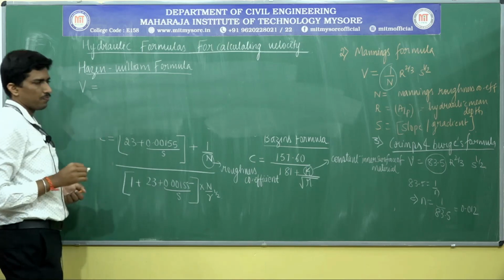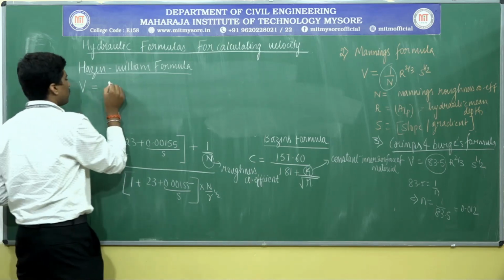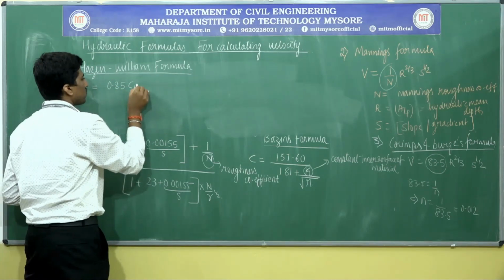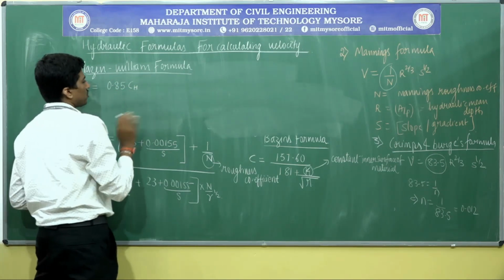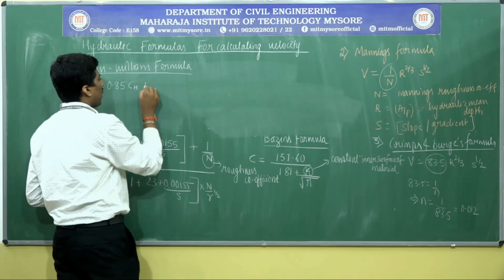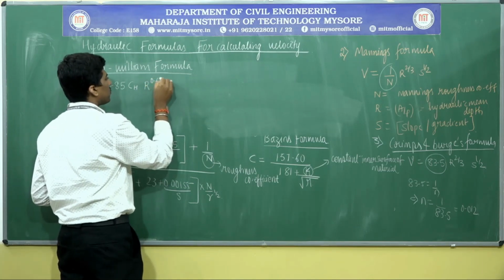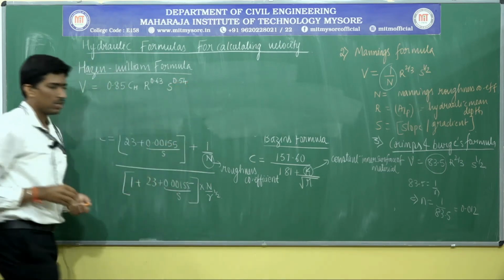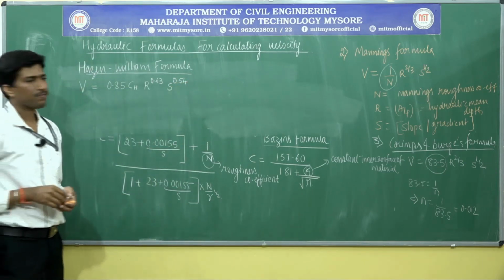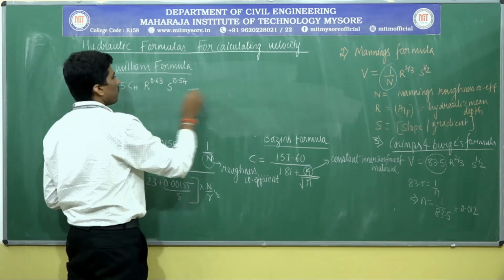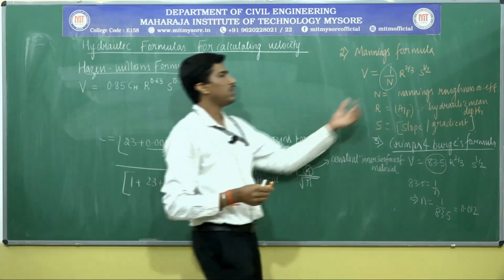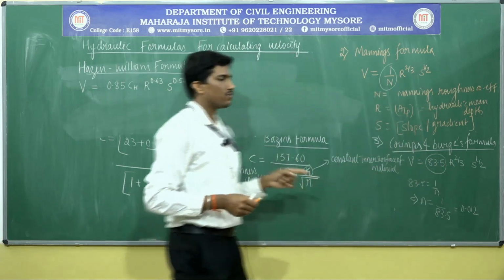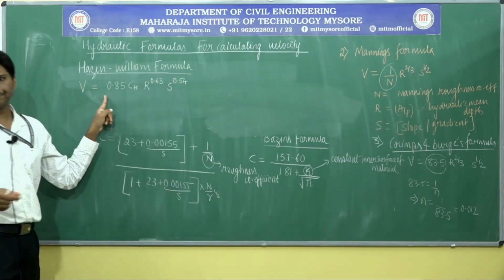V is equal to 0.85 C_h, the Hazen-Williams coefficient, R^0.63 S^0.54. So this is the same modified part of the Manning's equation. See, the R and S remain the same, but the coefficient values tend to change here.